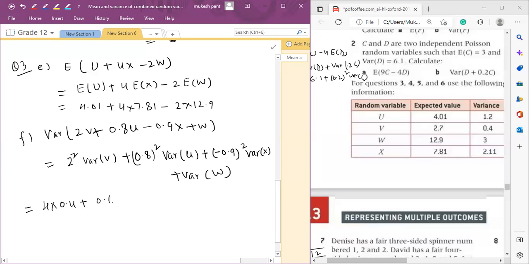And this is 0.64 times the variance of U, and the variance of X is 2.11, and this is positive 0.81. Variance of X is 2.11, and plus the variance of W, it's 3. With the help of a calculator, we will simplify this one. So this will be the variance of these. This time we have 4 random variables. Okay, so this is the way to find the variance of combined random variables.